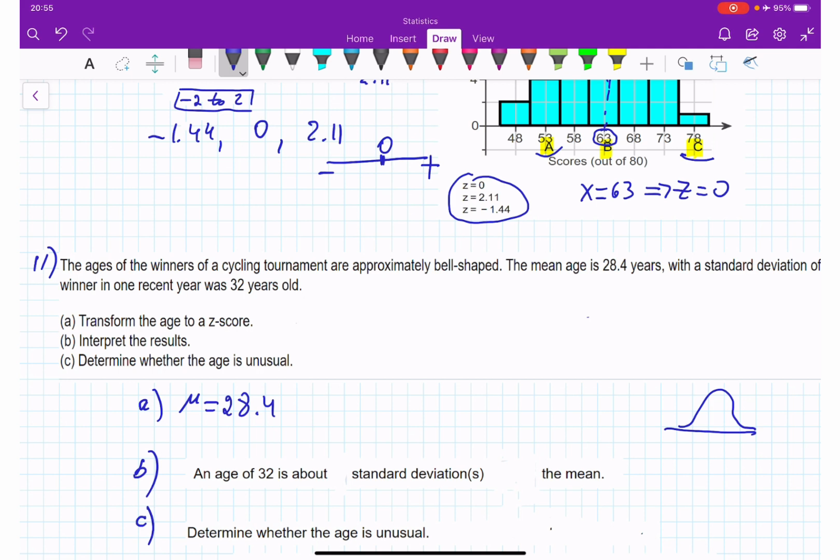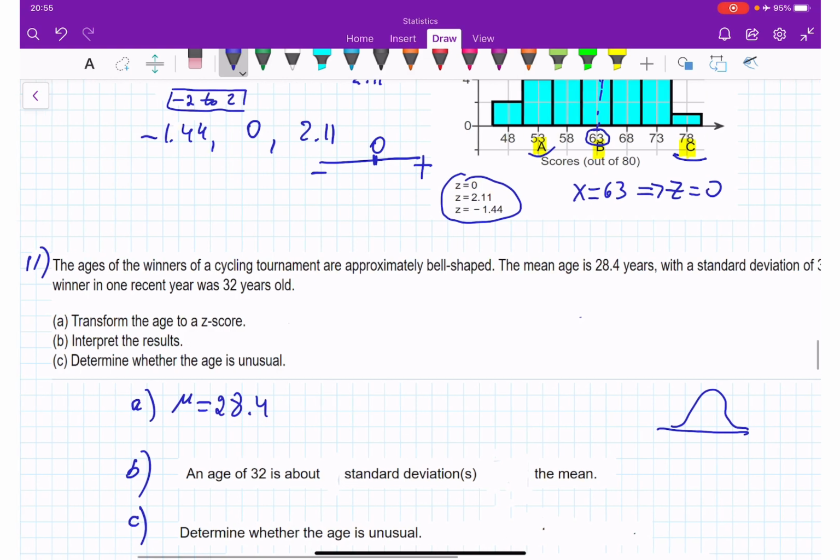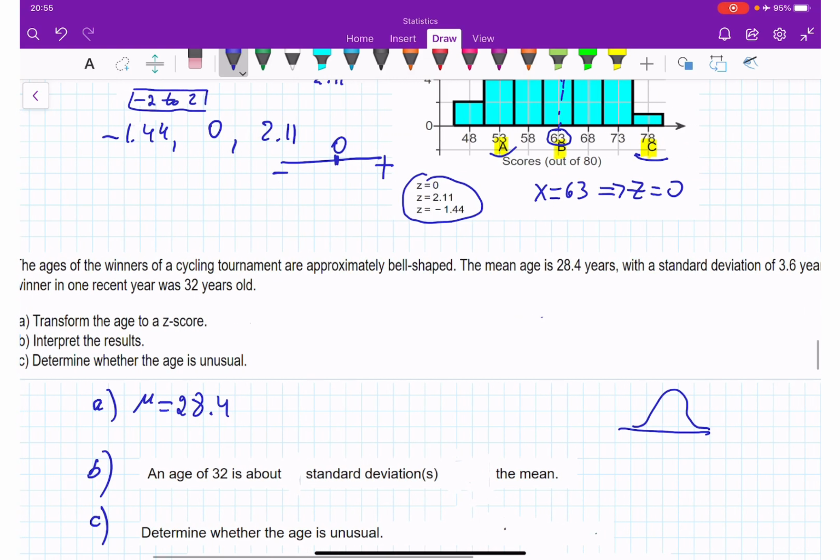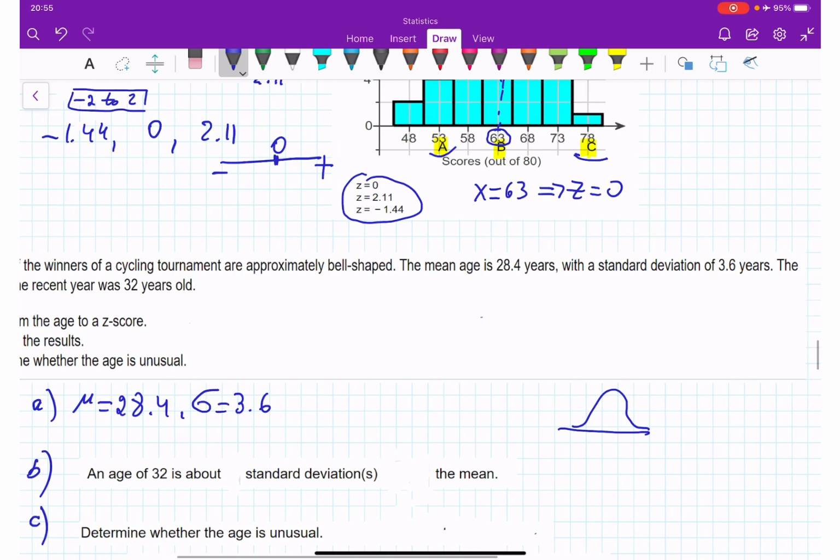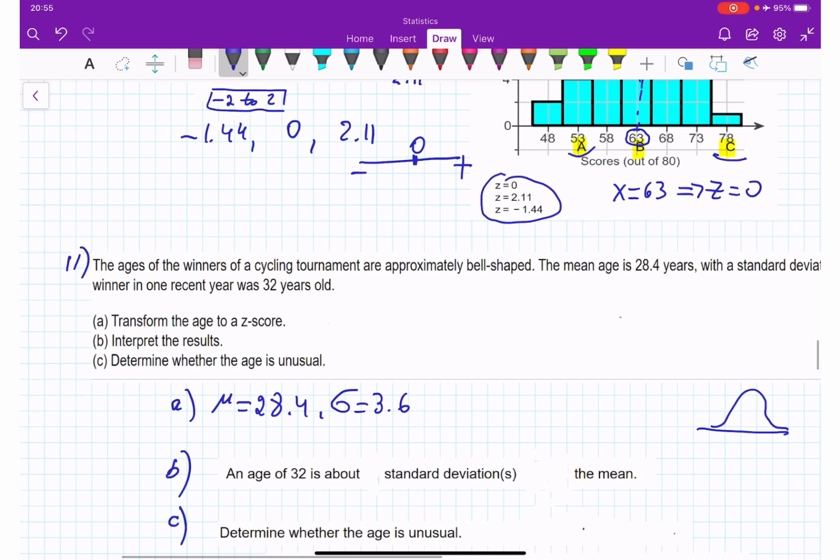This is mu, and it's the average, mean age. With the standard deviation 3.6, this is standard deviation, sigma 3.6. And the winner in one recent year was 32 years old. That's our x. To understand what is what, you need to watch the video.